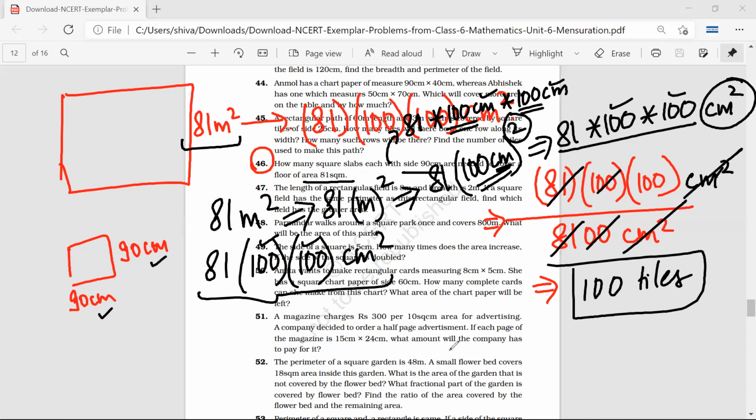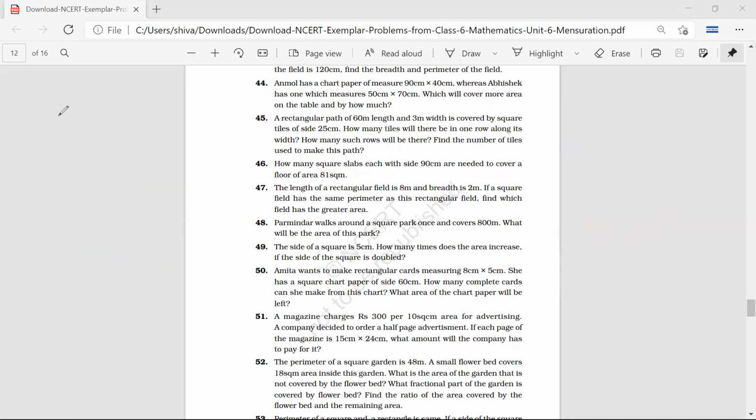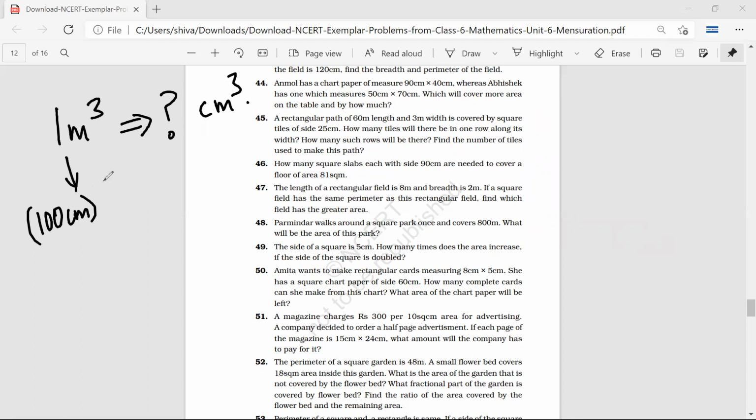Have you understood now? Yes, sir. So for example, if you have 1 meter cube and you want to convert that into centimeter cube, a very simple way of understanding this is that this is 100 centimeter into 100 centimeter into 100 centimeter, because I can write 1 meter cube as 1 meter into 1 meter into 1 meter.